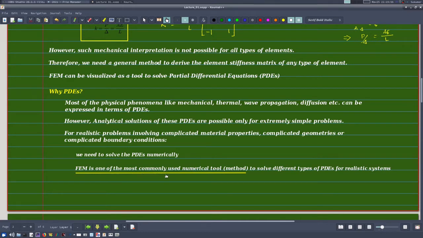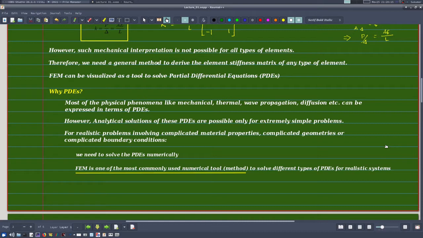The finite element method is one of the most commonly used numerical methods to solve different partial differential equations for realistic systems, where my geometry may be complicated, where my boundary conditions may be complicated, or where my material properties may be complicated.